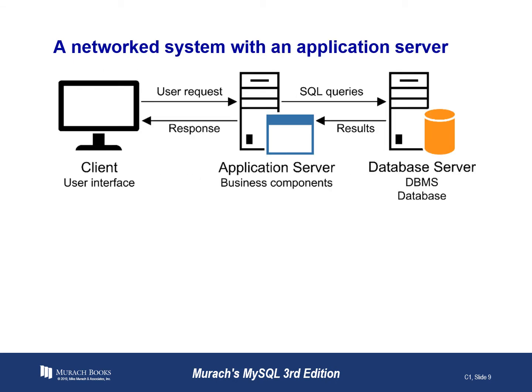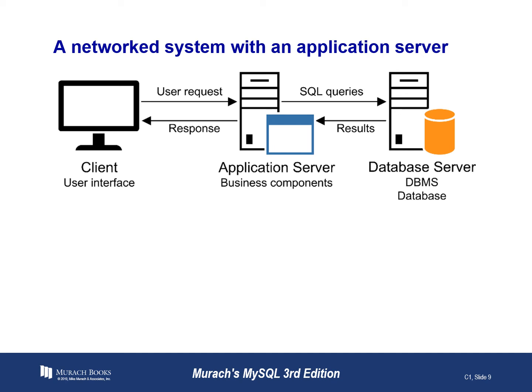Next, let's talk a little bit about network layout, which includes an application server as well. So we have our familiar client on the left side. We have our database server and the DBMS on the right side, but in the middle we have an application server as well. The client will send a user request to the application server.